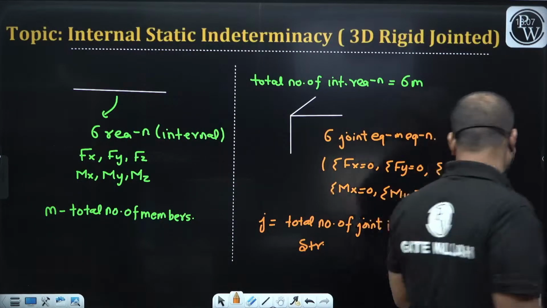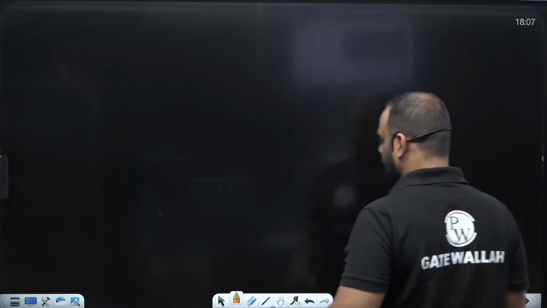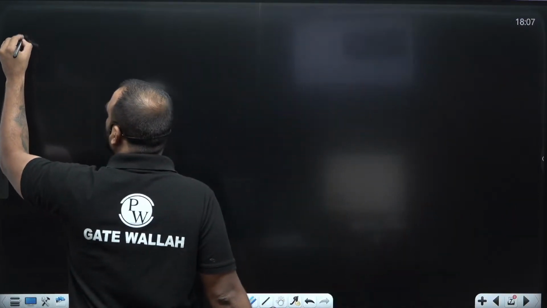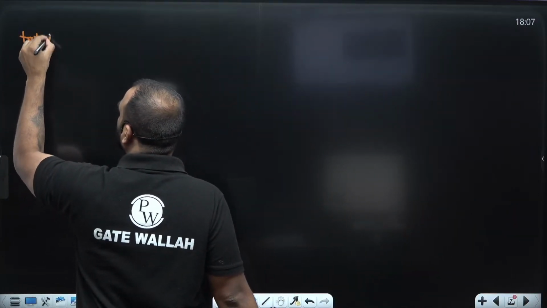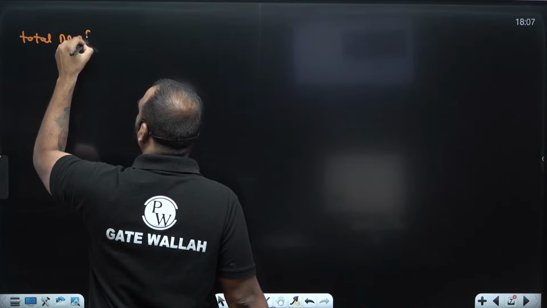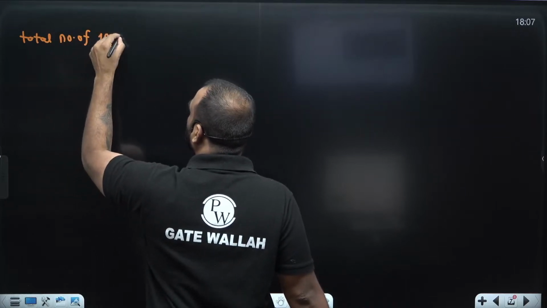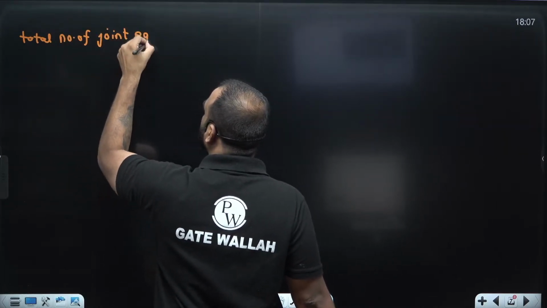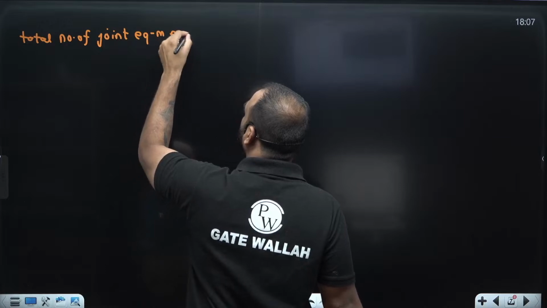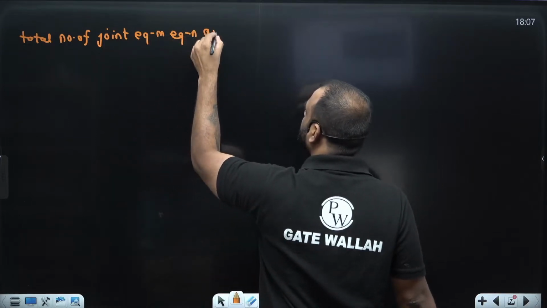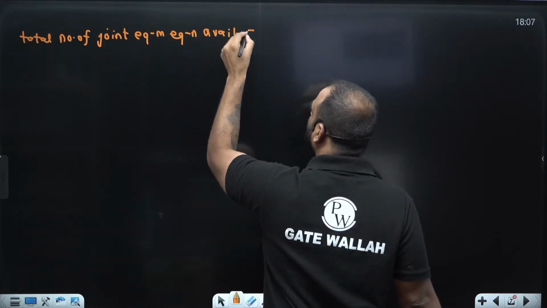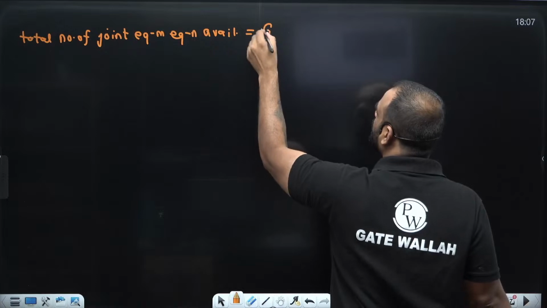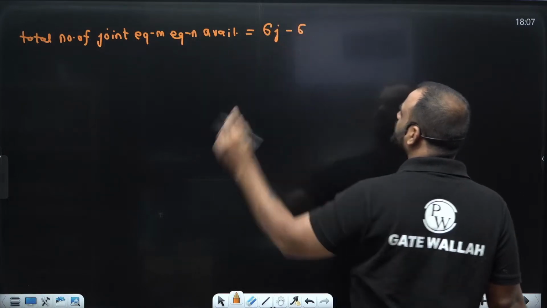So let us write it down. The total number of joint equilibrium equations which are available is equal to 6 into j minus 6.